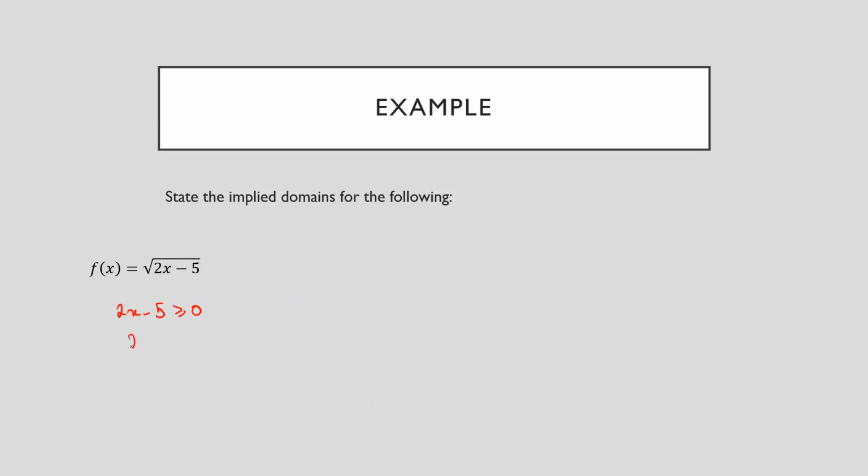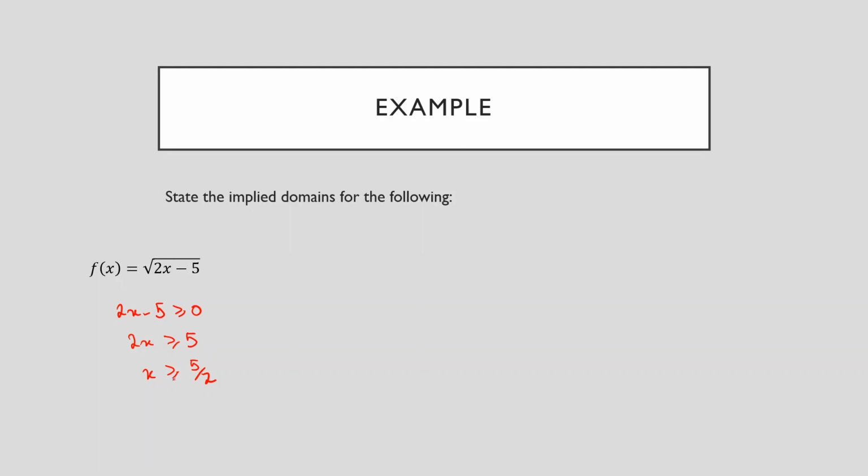So we get 2x is greater than or equal to 5, and x is greater than or equal to 5 on 2. So if x is greater than or equal to 5 on 2, you can put that in here and safely find a corresponding y value. You can evaluate that function.